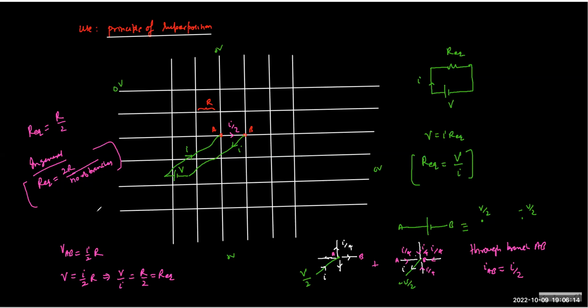It was NC by 2. So if you remember the answer, C equivalent is NC by 2. Replace C by 1 by R. Once you replace, you will get the answer. So to convert the formula, you have to substitute the formula this way.